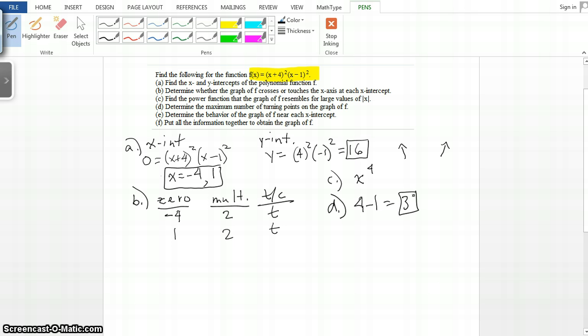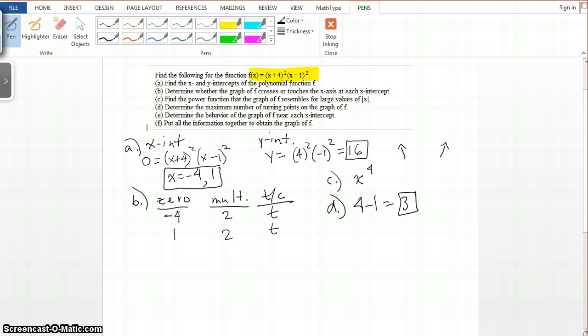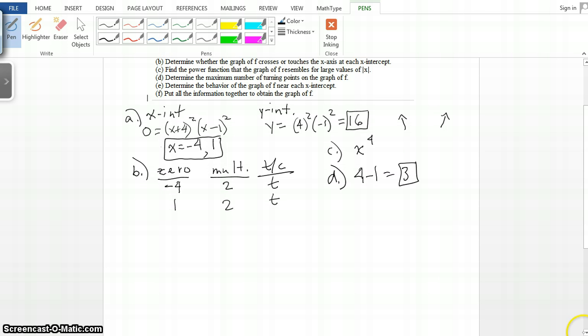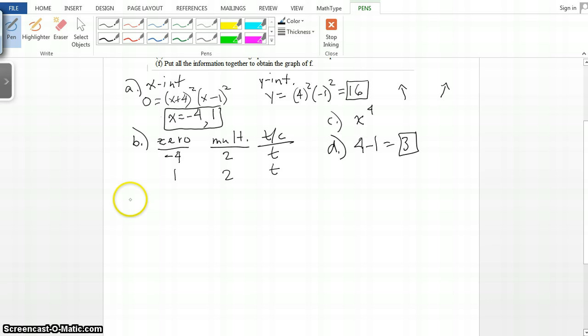Alright, that's A through D. E says find the behavior of the function near each 0. So this is for part E. Let's do near the 0 of negative 4.